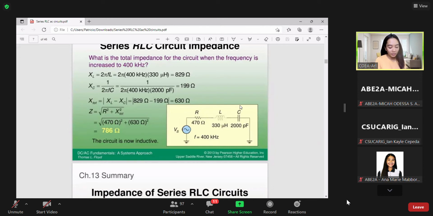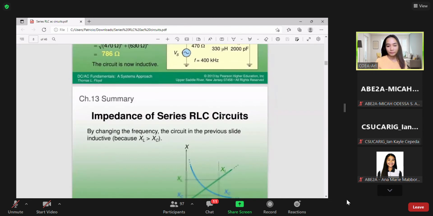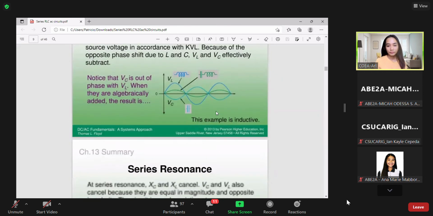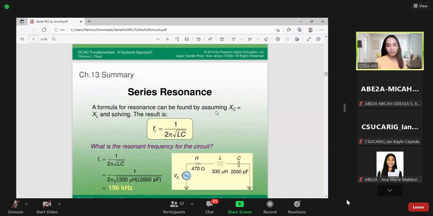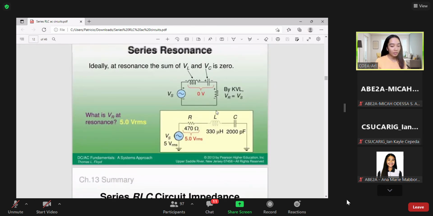Check nga natin kung positive yun, arctan. Arctan 630 over 470. The answer is 53.2758923. So, ganun siya. Kung gusto niyo i-check, mag-arctan lang kayo.